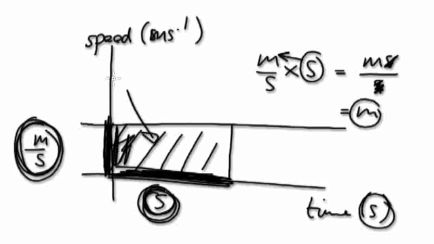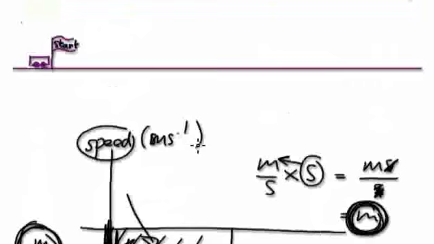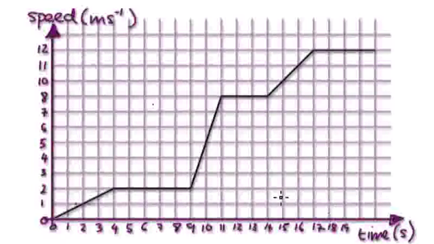So when you work out the area of a speed time graph, what you get is measured in meters, which happens to be distance. So the area underneath a speed time graph represents distance.